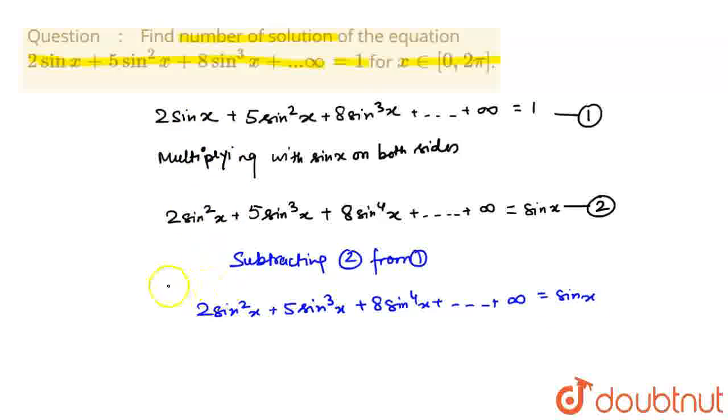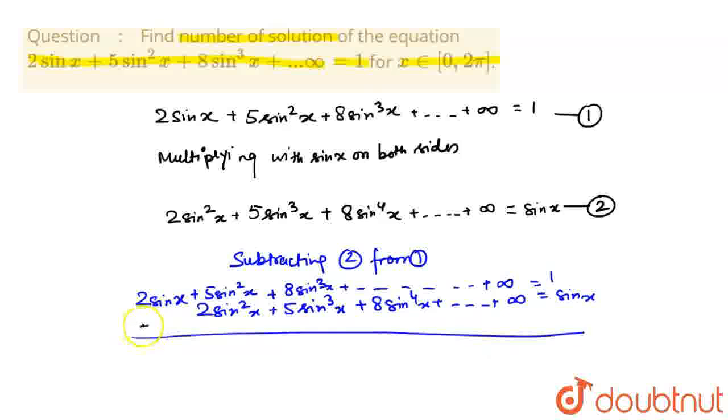So let me write 2 sin x from here plus 5 sin square x plus 8 sin cube x and so on up to infinity, and this is 1. Correct? So subtract this, what do I get? Minus, minus, minus, minus, and obviously from here I'll also get minus, and so from here minus as well.